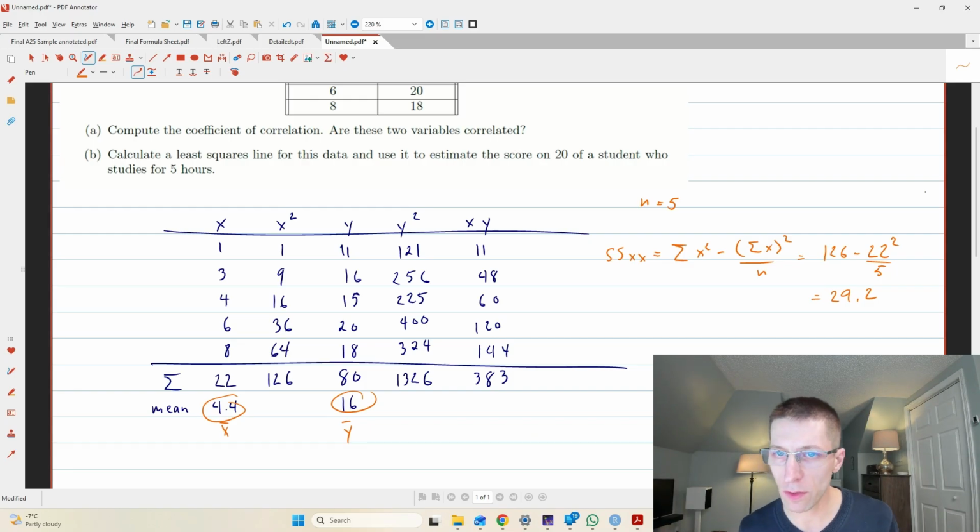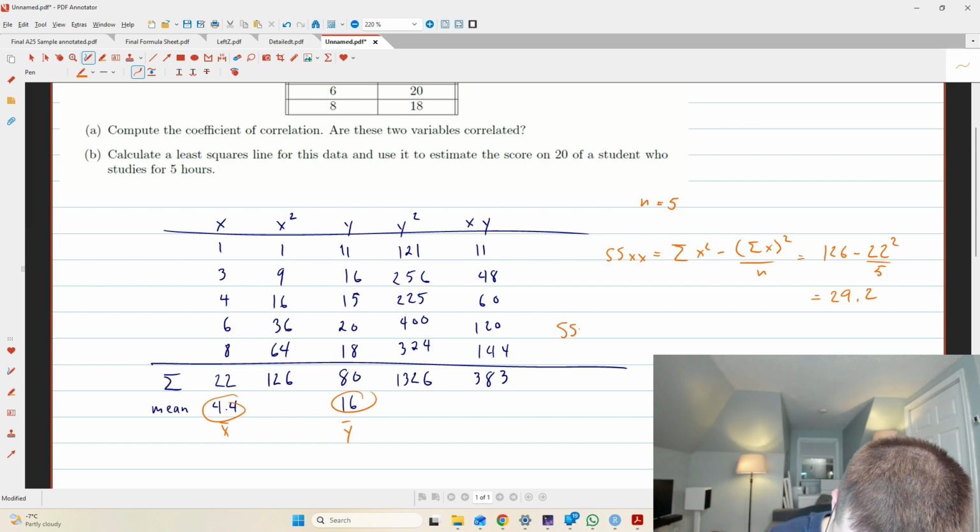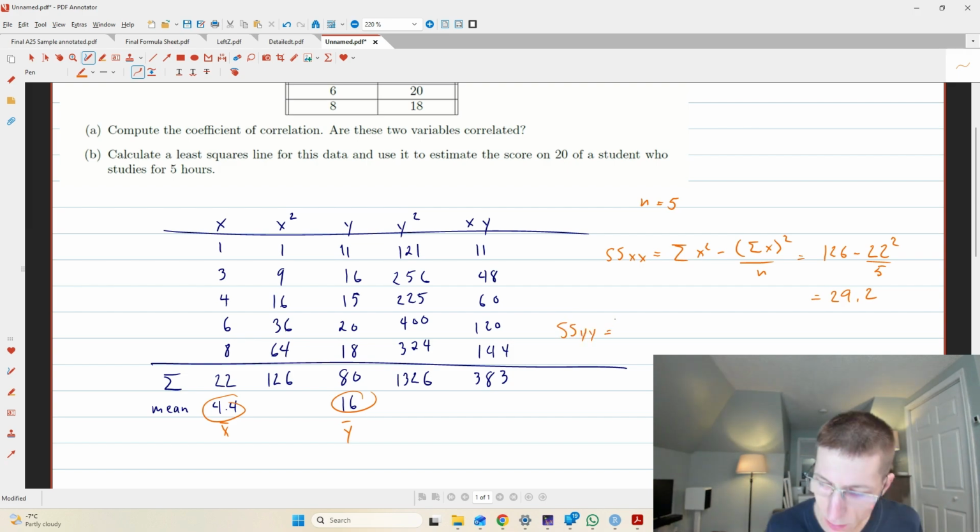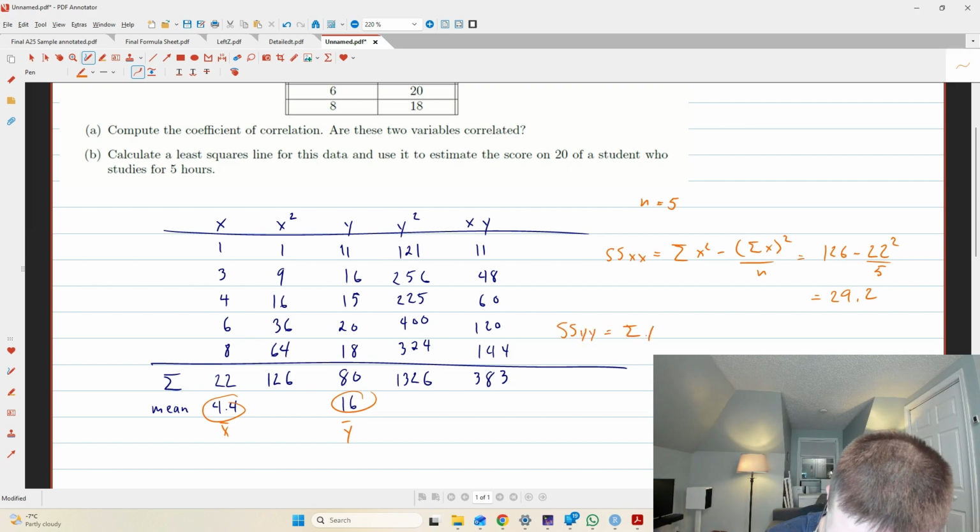And then what do we have? SSYY is going to be same kind of deal. Sum of y squared minus sum of y all squared over n. Sum of my y's came out to be 80.